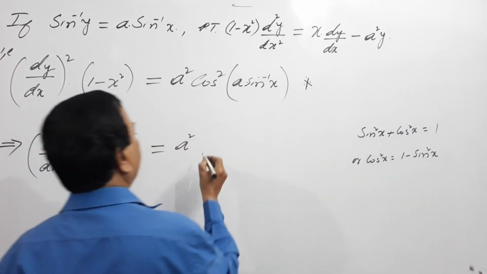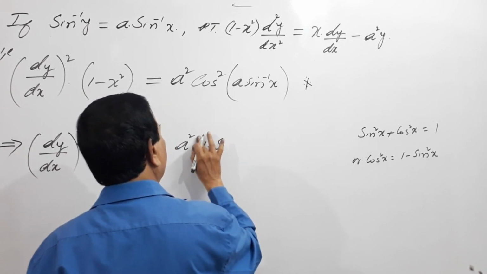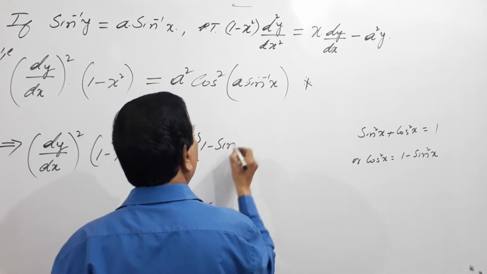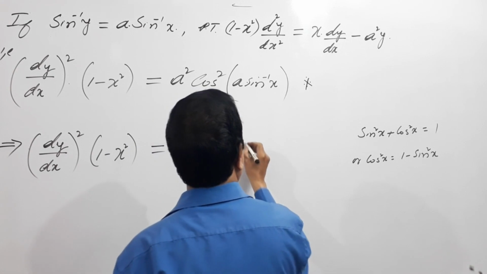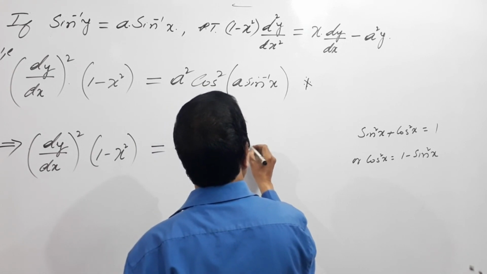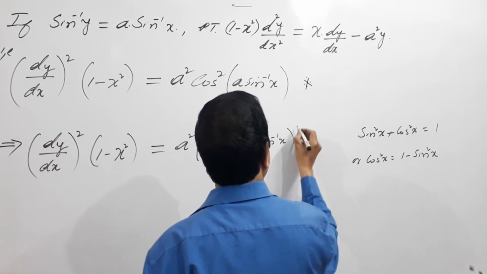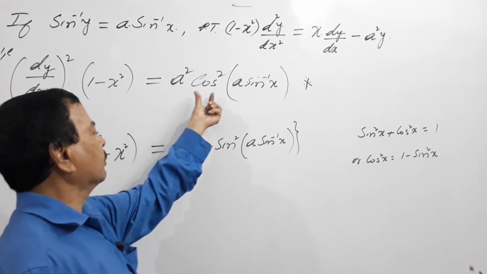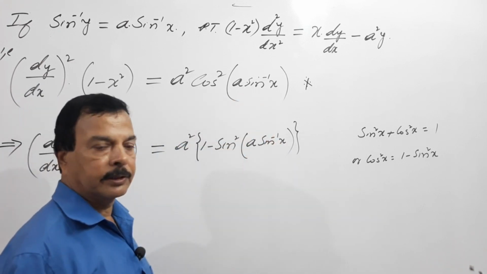I will remove this and write 1 minus sine square of a into sin inverse x. So what I have done, instead of cos square I have taken 1 minus sine square of a into sin inverse x.